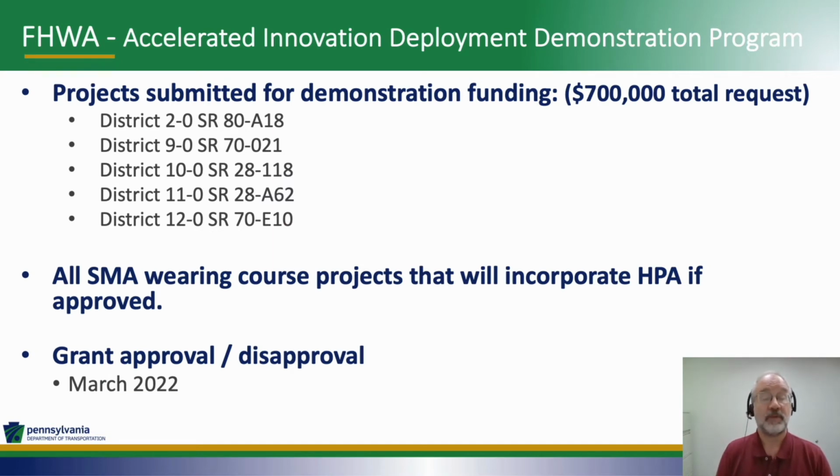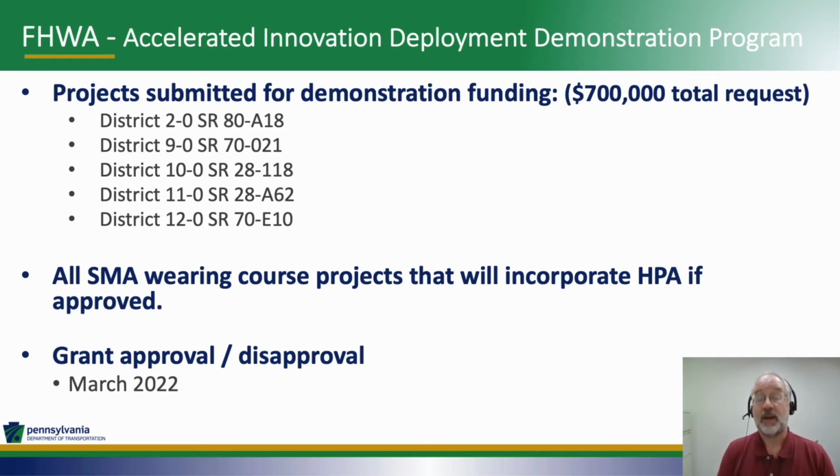As part of the TOPS program, the FHWA has offered Accelerated Innovation Development Demonstration Program grants to encourage states to adopt a lot of the technologies that they're promoting under the TOPS program.